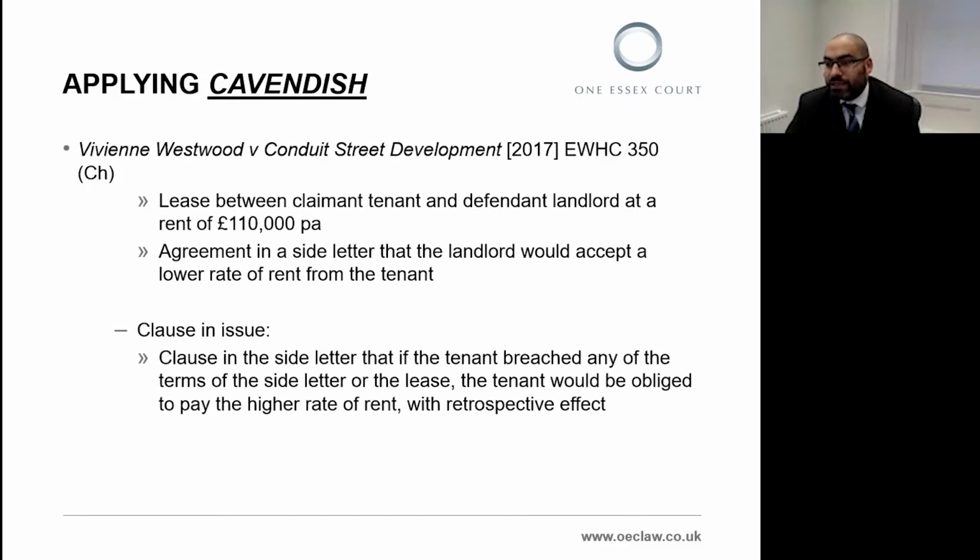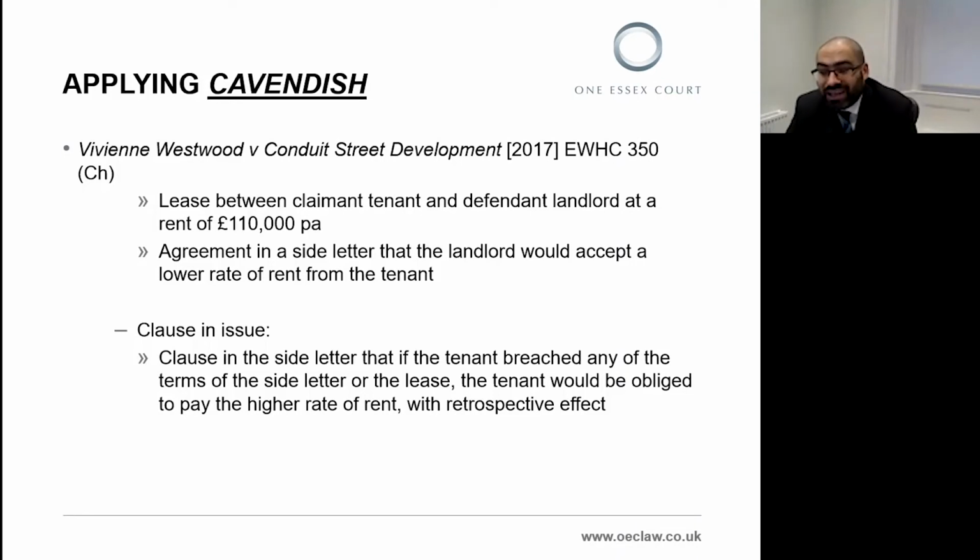The second case I want to briefly mention is Vivian Westwood Limited and Conduit Street Development Limited, 2017. It's worth looking at because it's a relatively rare post-Cavendish case in which the court found an unenforceable penalty to exist. The case involved a lease between the claimant tenant and defendant landlord at an initial rent of 110,000 per annum.